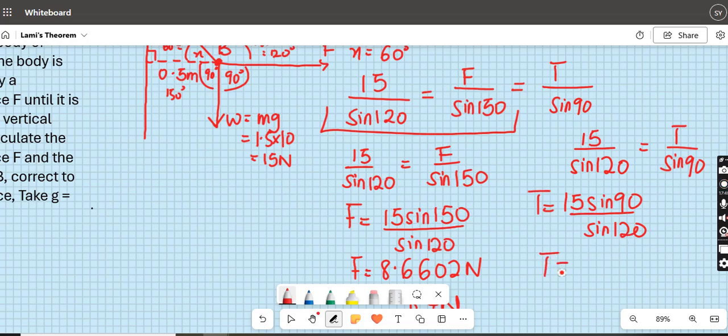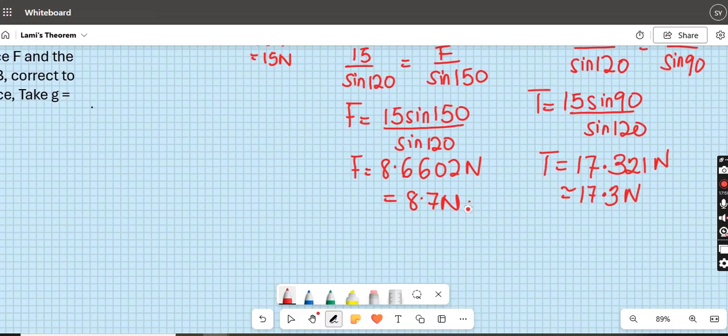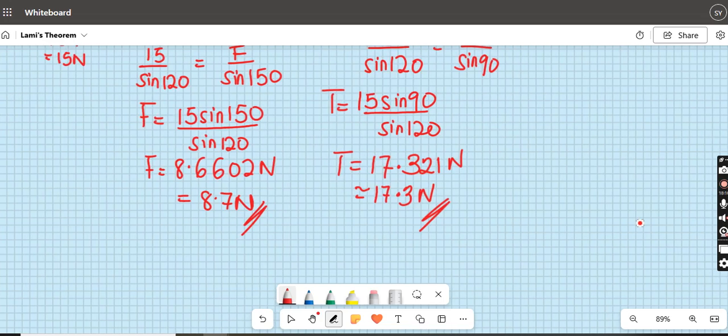And this one should give us 17.321 Newton or 17.3 Newton. And so our horizontal force is 8.7 Newton. Our tension is 17.3 Newton. All right. Thank you for your time.